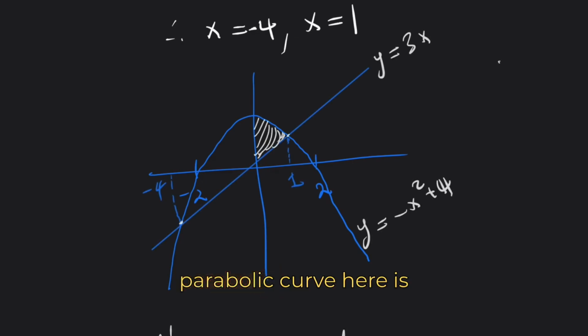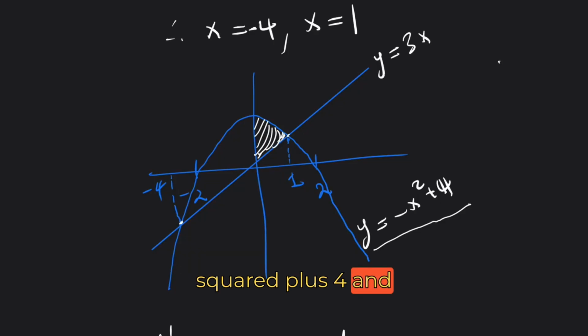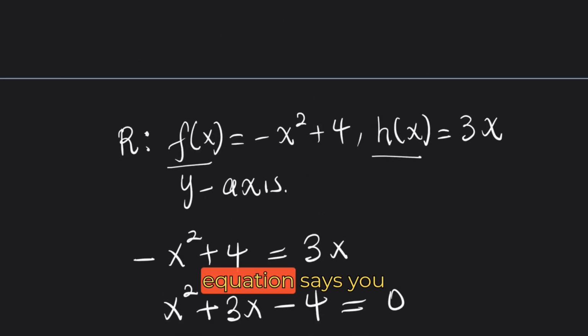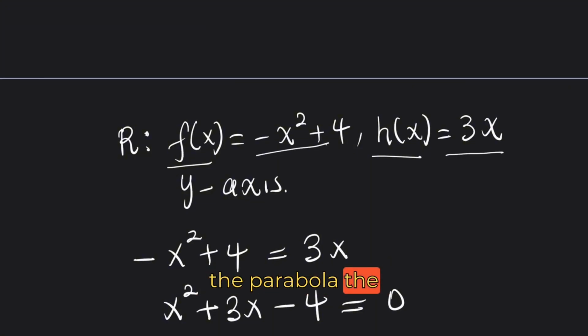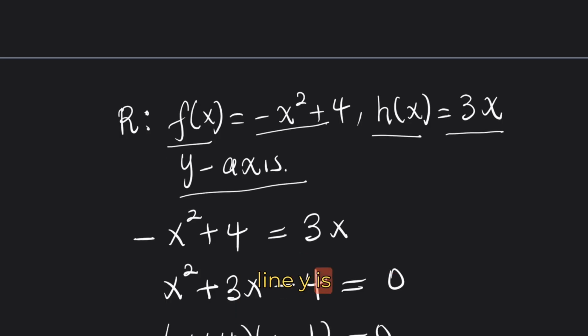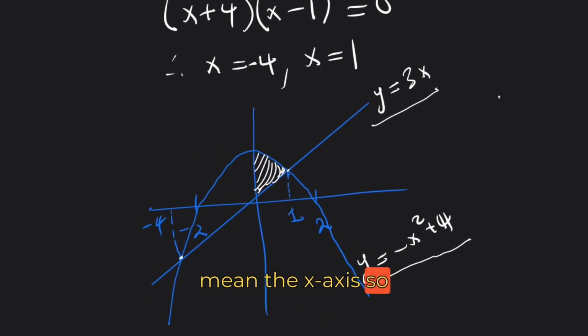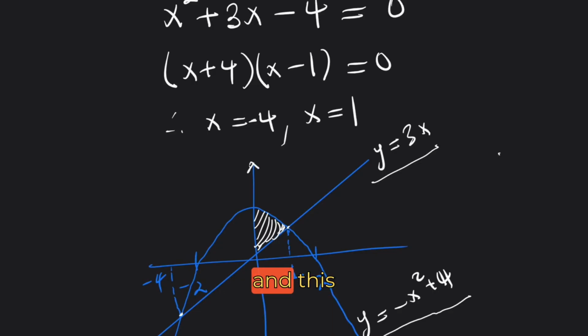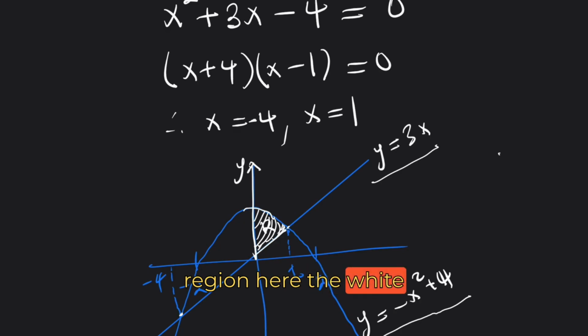You can see this parabolic curve here is the graph of y equal to negative x squared plus 4, and the straight line is the graph of y equal to 3x. Because the question says you want the region bounded by the parabola, the straight line, and the y-axis, the white shaded region is the area that we want.